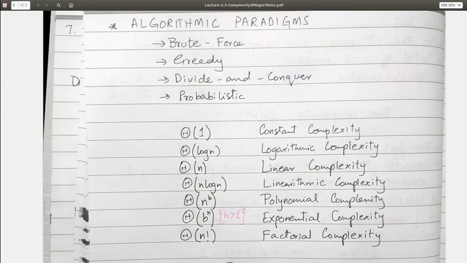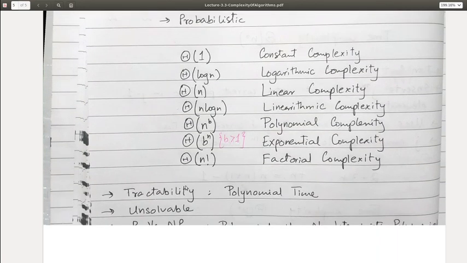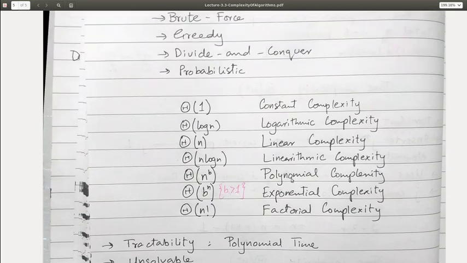Up until polynomial time complexity, we say that algorithms are manageable and tractable; you can solve them. But if your polynomial complexity is very high, let's suppose it takes n to the power 10 or n to the power 100 time, then it's very slow. Or if it's exponential, then it's very slow, and those algorithms can't be solved in a reasonable amount of time for a large input.